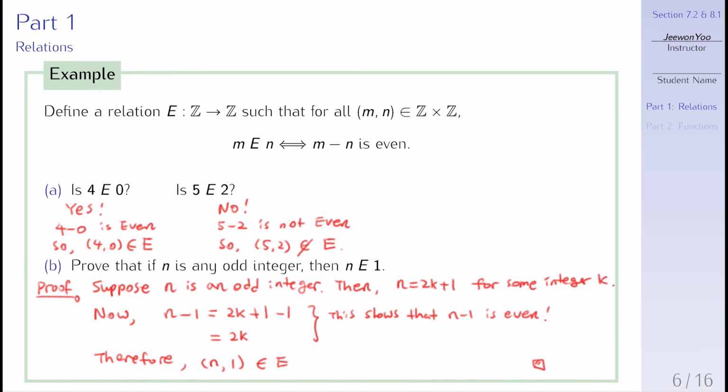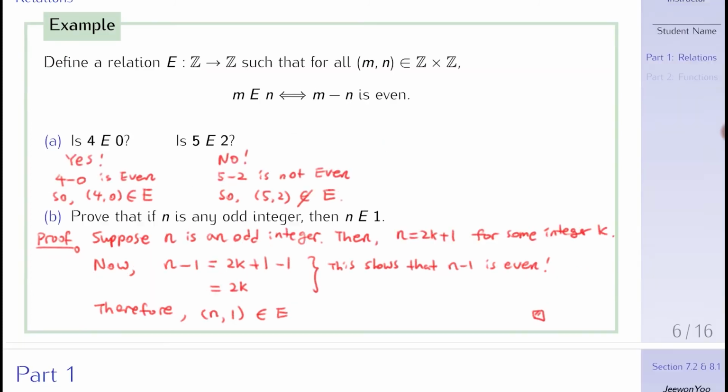Before we move on, everyone, do you remember inverse relations? Whenever you hear the word inverse, you switch what and what? You switch x and y coordinates, right? That's what we're going to do for the inverse relation.